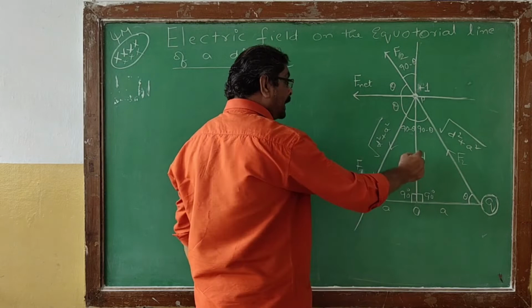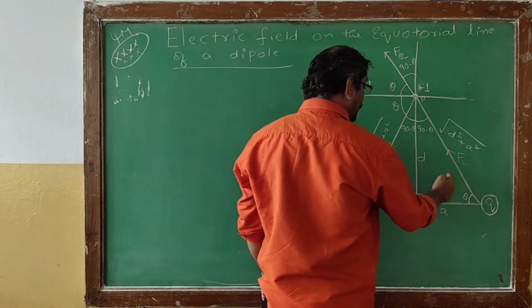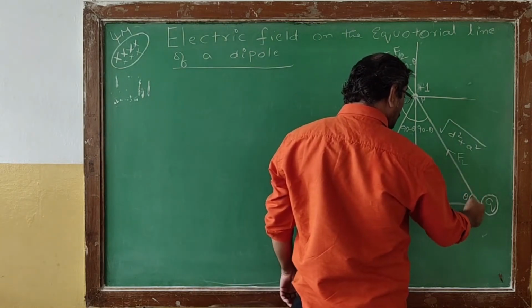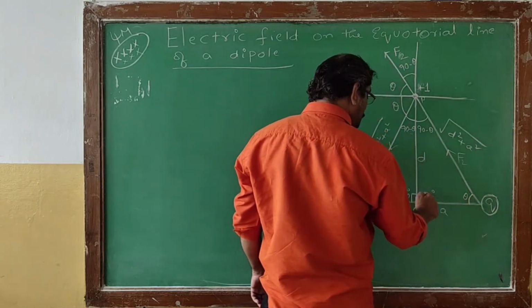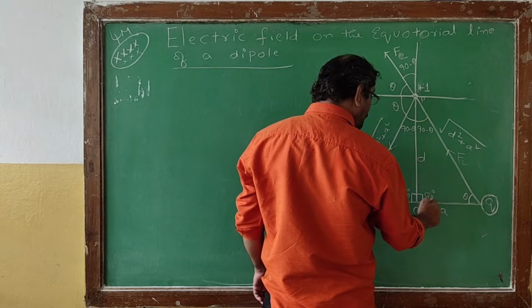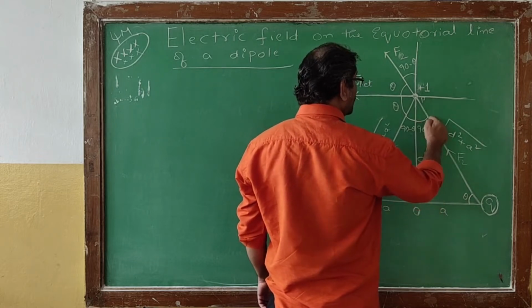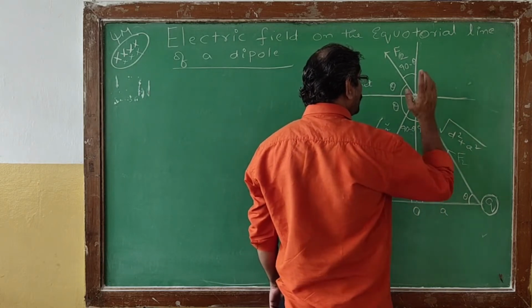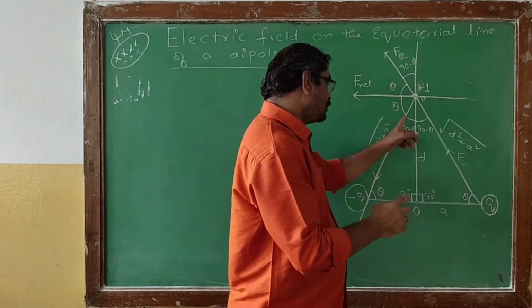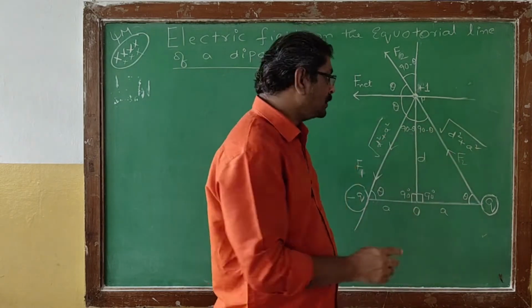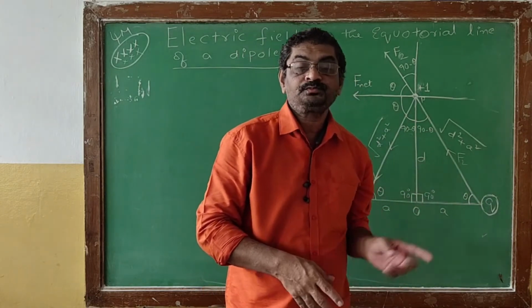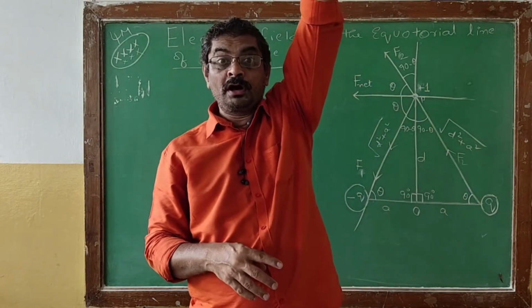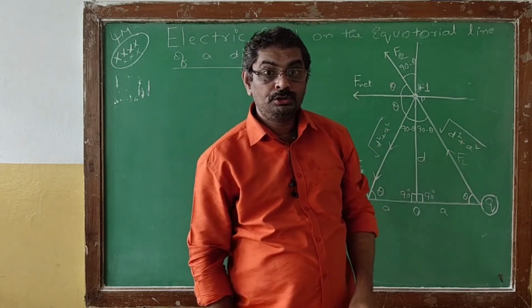Now similarly for the second triangle, this angle will also be theta, this angle will be 90 degrees, so the remaining angle will also be 90 minus theta. So first of all, what you do?